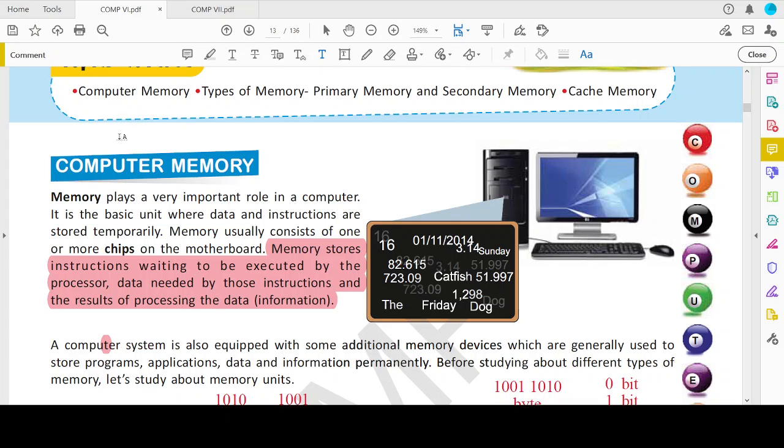As the software is running, the associated instructions are also waiting on the RAM. As soon as the user clicks on a particular command, it will execute. So memory usually consists of one or more chips on the motherboard.